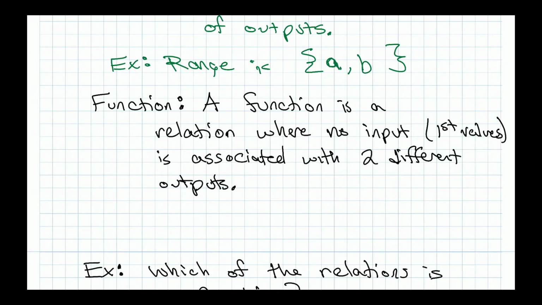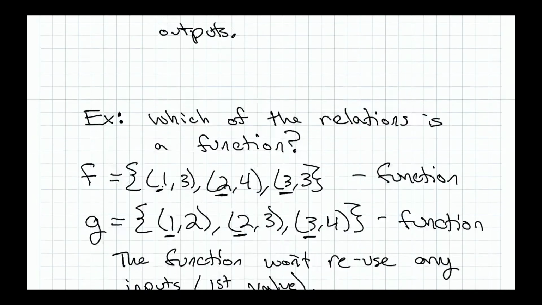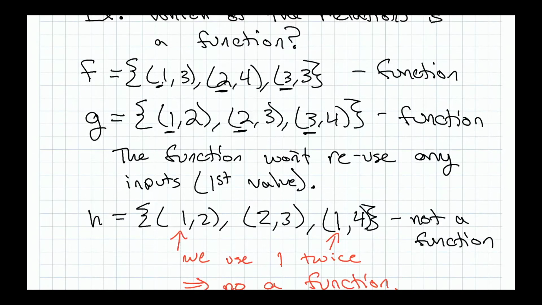It doesn't say that an output is not associated with 2 inputs. So if you look down here and you see that on the function f, there's a 3 right there and there's a 3 right there. We reused the output of 3 twice. That's fine, right?